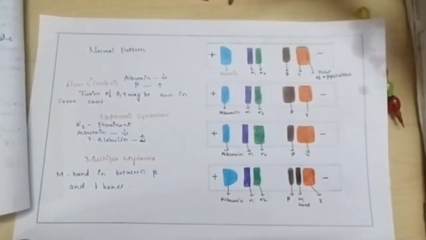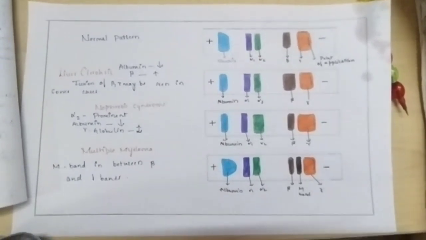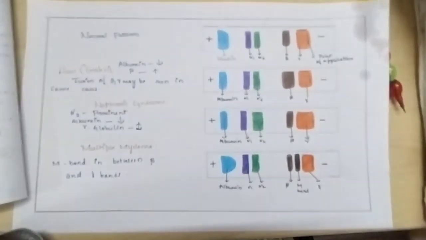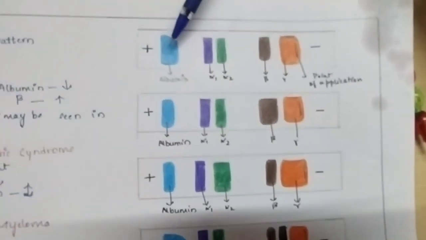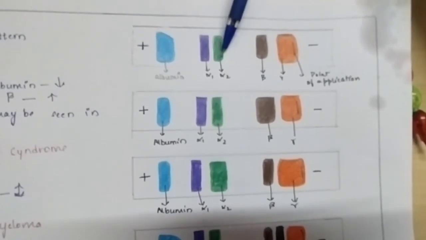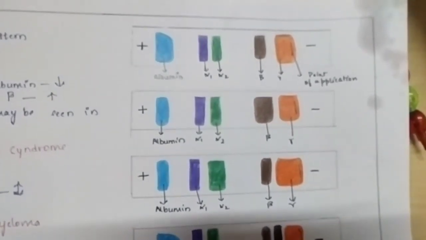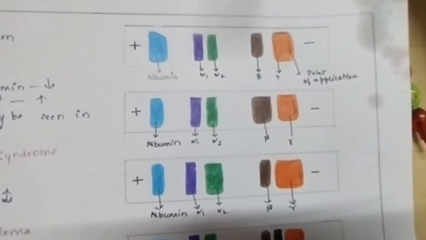This is the clinical chart which can be determined by electrophoresis. This is the normal one, which contains albumin, alpha 1, alpha 2, beta. These are the globulins and fibrinogens in a plate, which can be separated through electrophoresis.